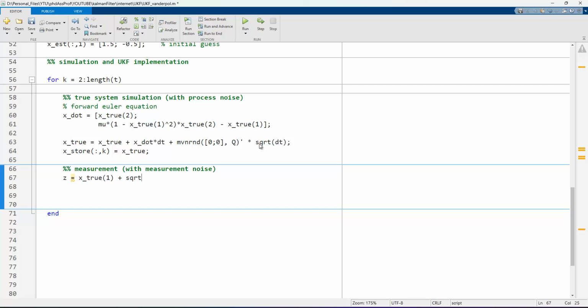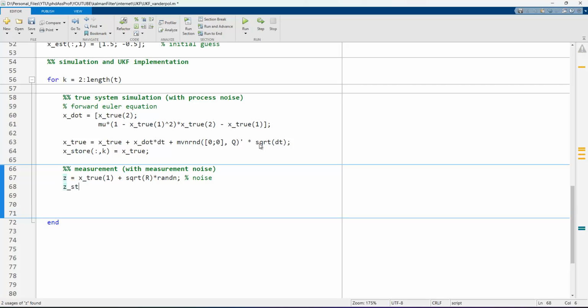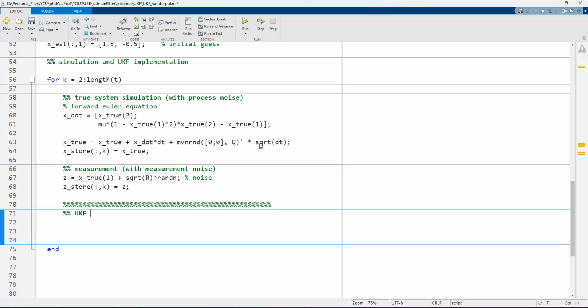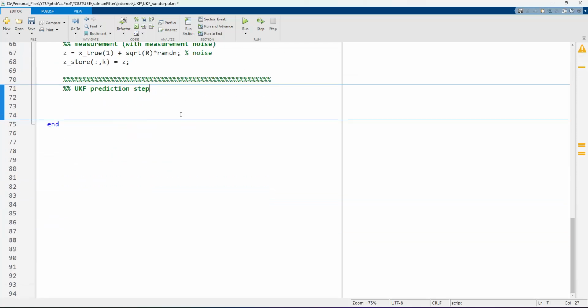Plus sqrt R times randn function, okay? Noise value. And Z store should be kept in here, just like this one, Z, okay? And so after that we need to build the UKF prediction step in here, okay?